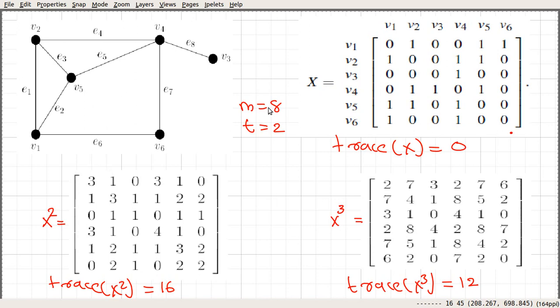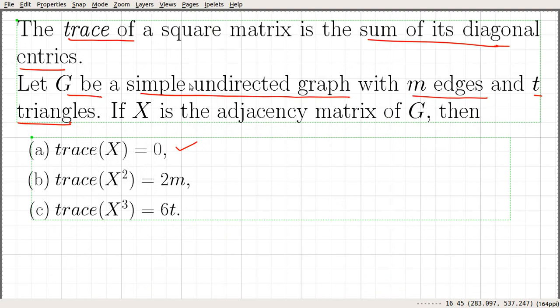The number of edges is 8, so this is nothing but 2 times m, which is 2 times 8, 16. So we saw this result does hold for this undirected simple graph.